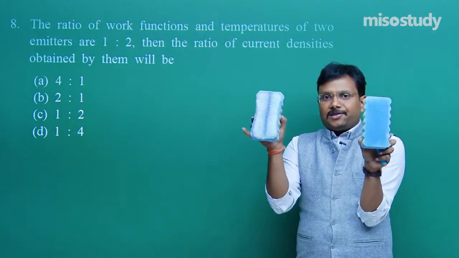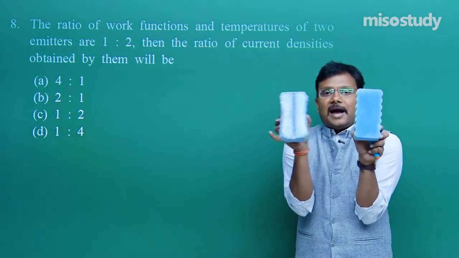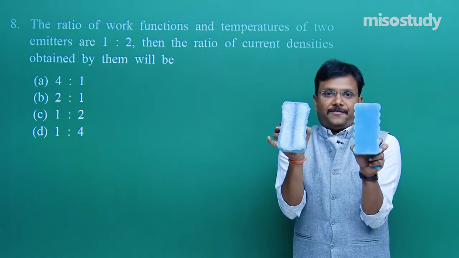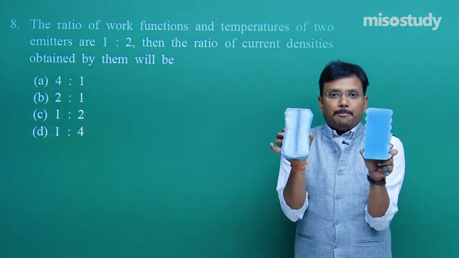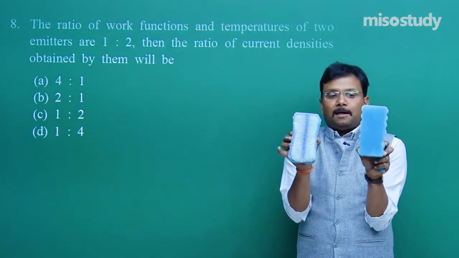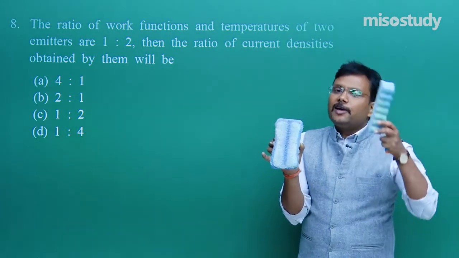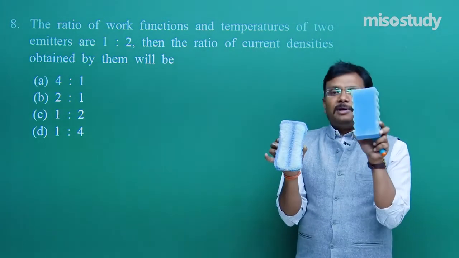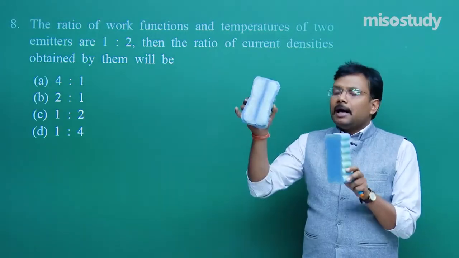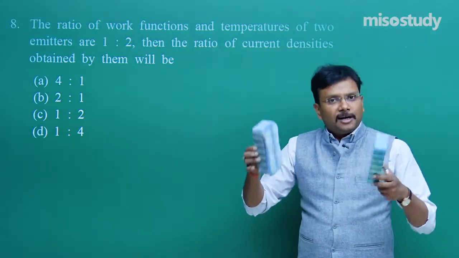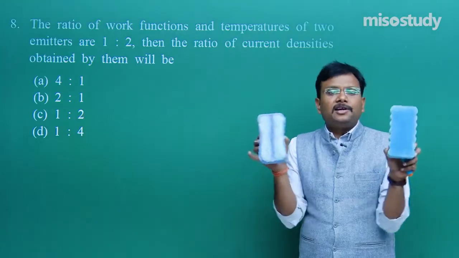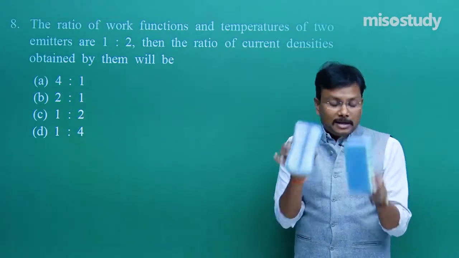This is one surface, this is another surface. If I expose both these surfaces to the same temperature, I mean the same heating, it may be possible one may emit electrons with some energy and number density, another may emit with a different energy and number density, because it is also the property of these two materials.